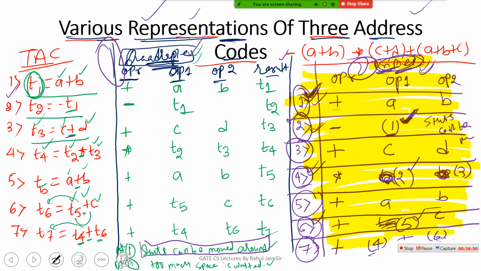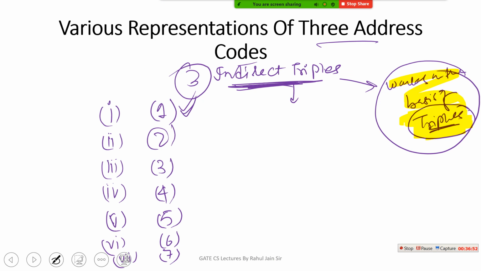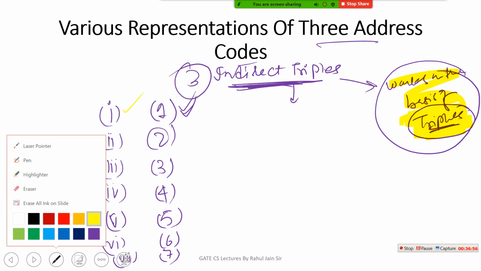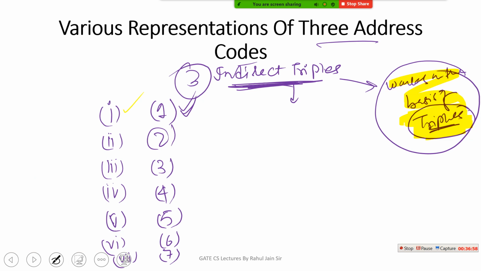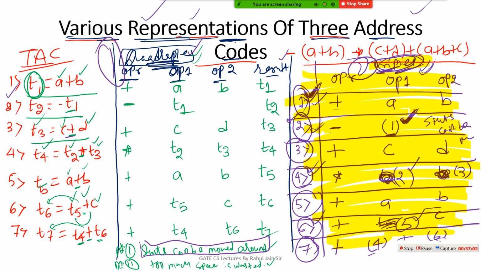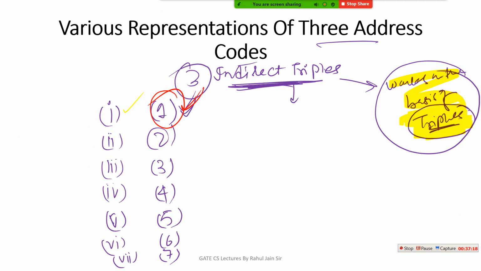Now, indirect triples: suppose I need to call the first statement. Then I will create the first pointer, and this first pointer will fetch the value of this statement for me. That is why it is called indirect. Indirect itself means that it will indirectly fetch the value for me. So pointer 1 will fetch the value of the first statement.